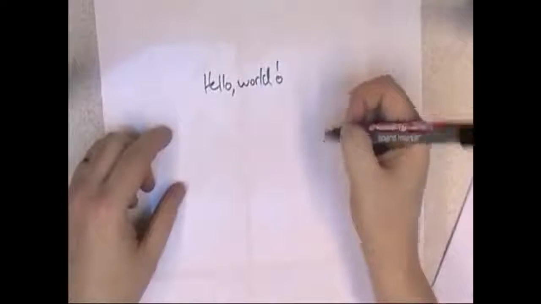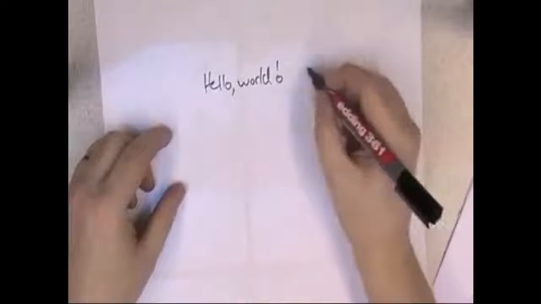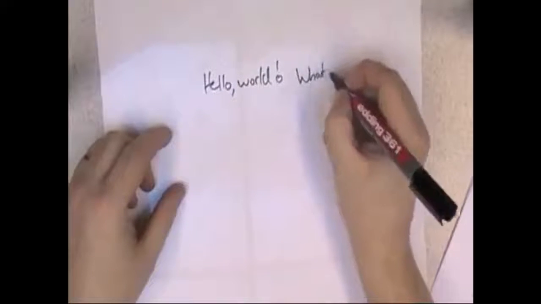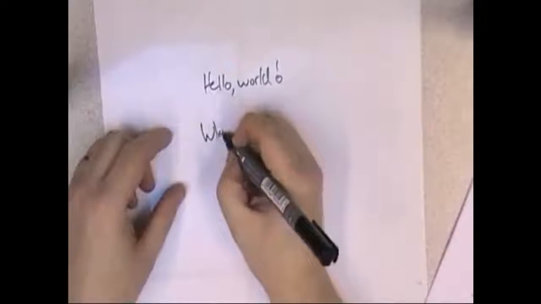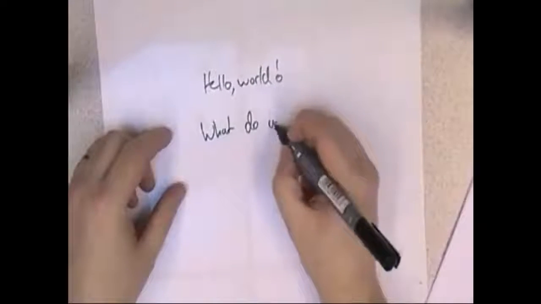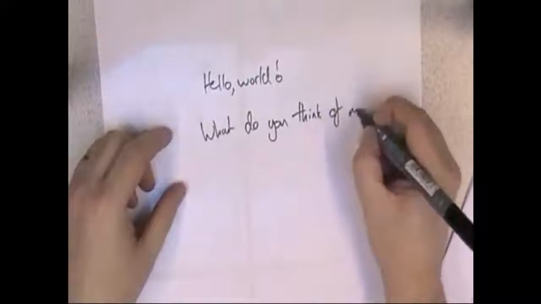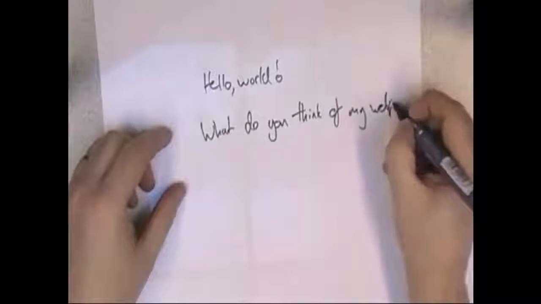And then if we wrote something else, actually sorry, I won't write that there, I'll write it on the next line. What do you think of my web page? If you save that and run it, what you'll find is it probably doesn't do what you expected.